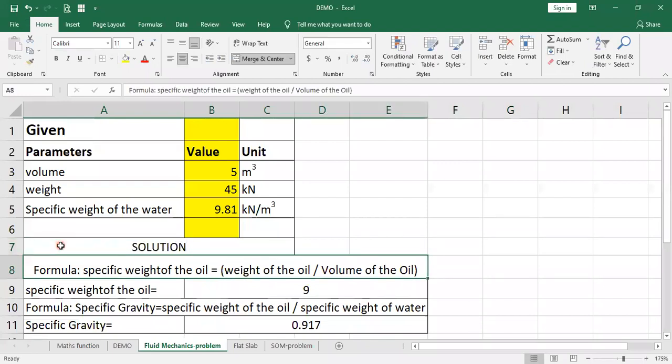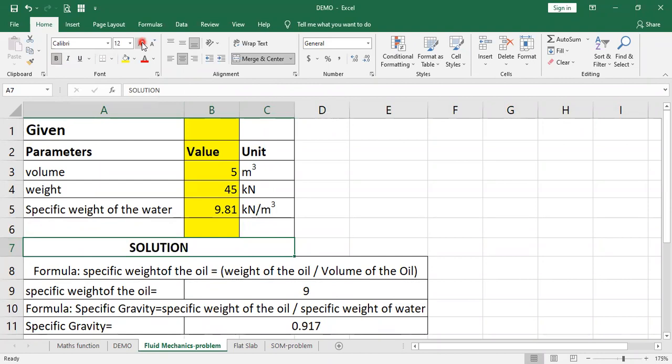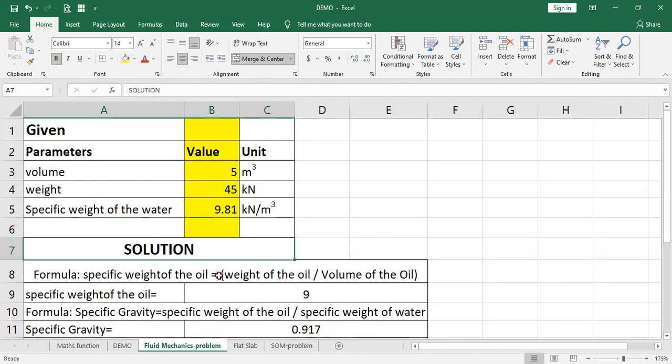Now I have mentioned solution there. Now again I can differentiate that solution. So how to differentiate that? Go to here, click on bold and increase the font size. So that's how this gets differentiated. Now we have to calculate specific weight of the oil, or you can say this is the volume.